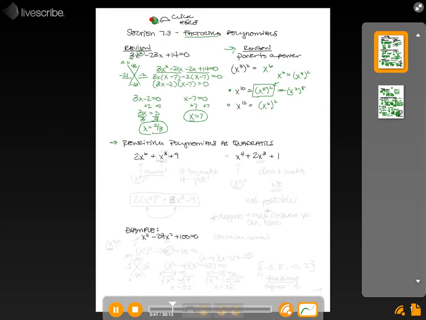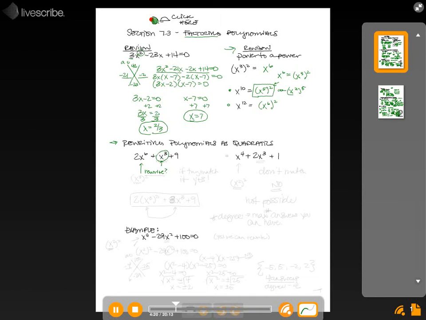The first thing we're going to look at is rewriting polynomials as quadratics, because we can factor a quadratic. That's what we just reviewed, that first example. To check and see if we can rewrite something as a quadratic, we want to look at the biggest exponent, and we want to see if we can rewrite it so that that second term, in this case it's x cubed, can be inside of our parentheses.